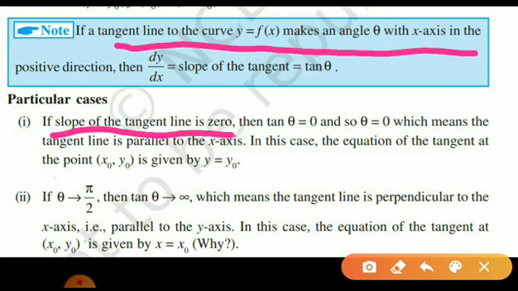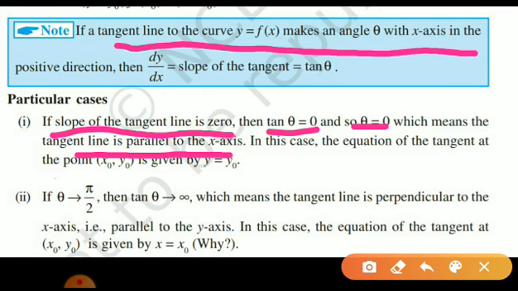That means theta is 0, which means the tangent line is parallel to the x-axis. It may be the x-axis itself or parallel to the x-axis.